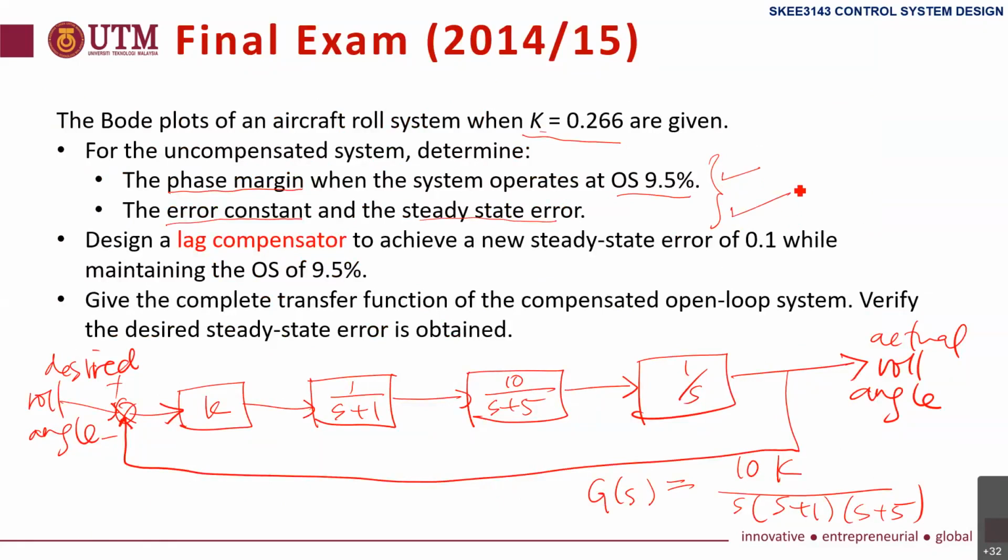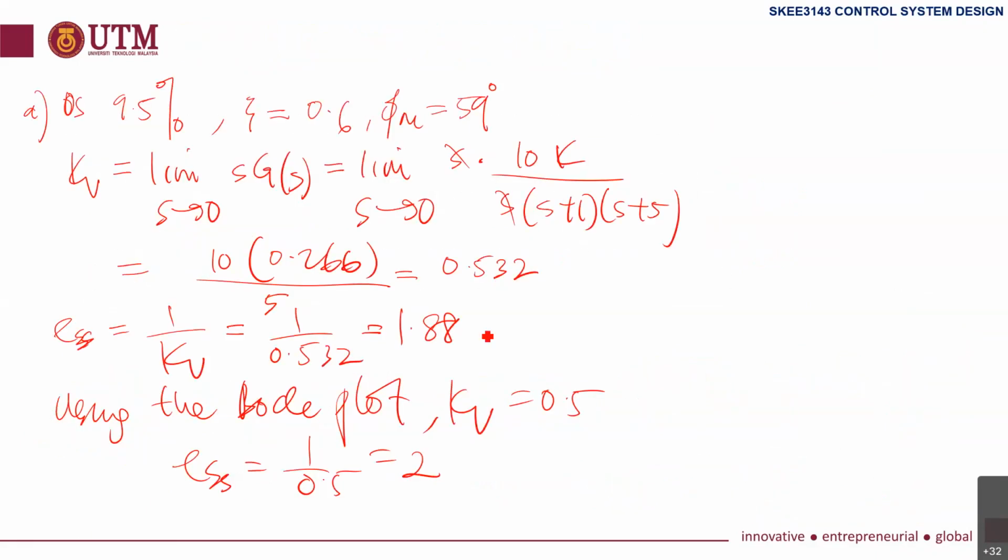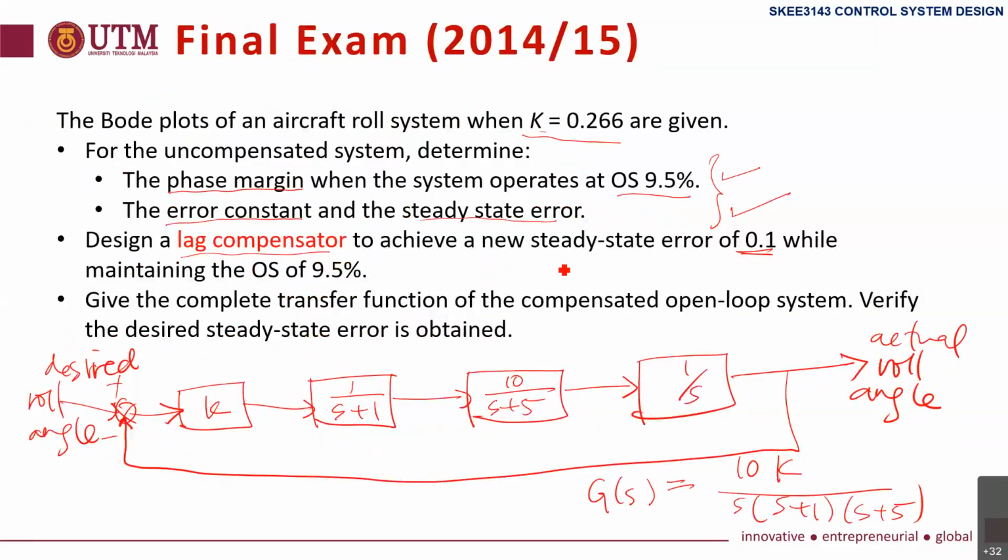Okay, next, design a lag compensator to achieve a new steady state error of 0.1. Initially, it was 1.88. This is the original steady state error. We want a steady state error of 0.1 while maintaining overshoot at 9.5%.